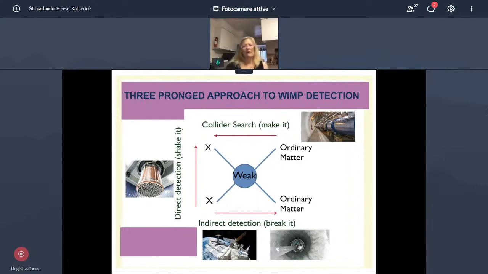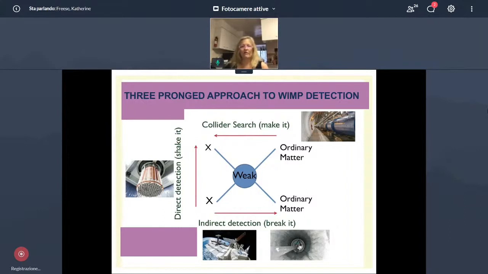Now, of course, if we want to know if this well-motivated candidate actually is the dark matter in nature, then we have to go detect it. And there's a three-pronged search for WIMP detection, and all three are shown in one slide. So if we have the X particles being some candidate for the dark matter, and over here, ordinary matter on either side of this diagram, then there are three ways to do the tests.